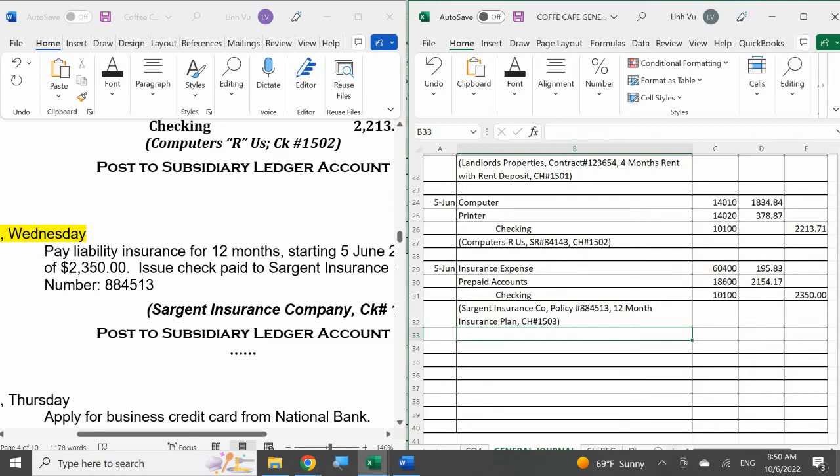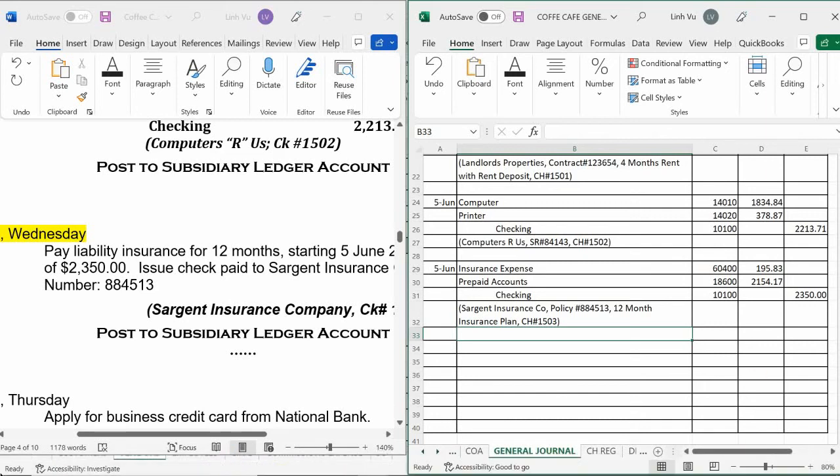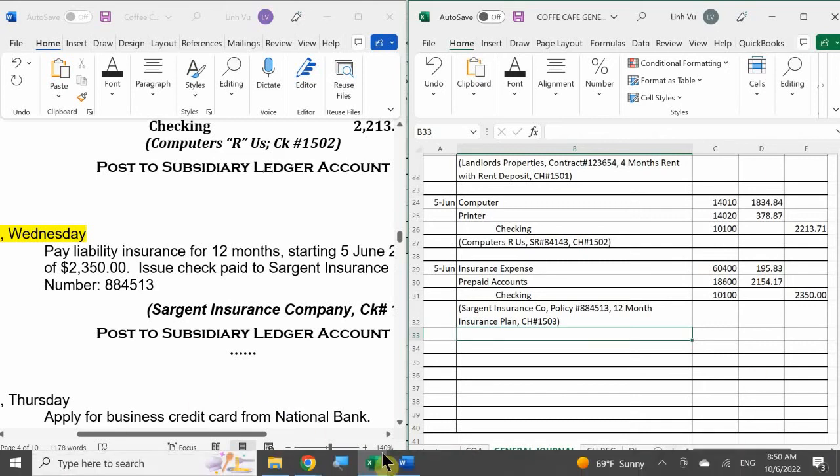So now that I finished my journal, I'm going to go to my ledger.